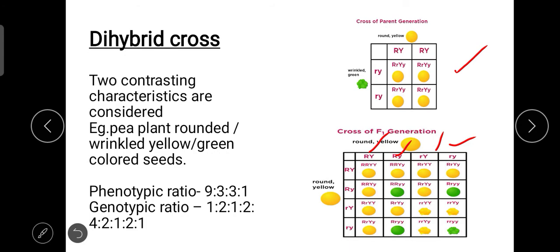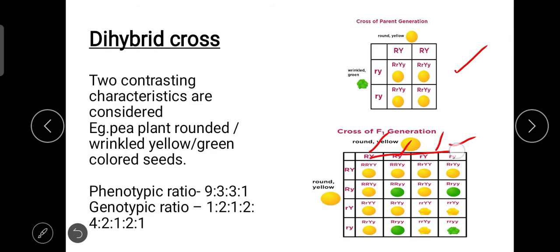When he did the self crossing to get the F2 generation, totally 16 different combinations are formed. That is, he chose four male gametes and four female gametes.